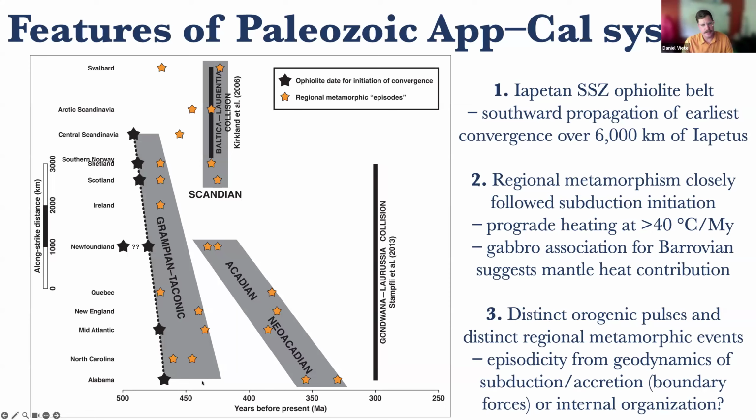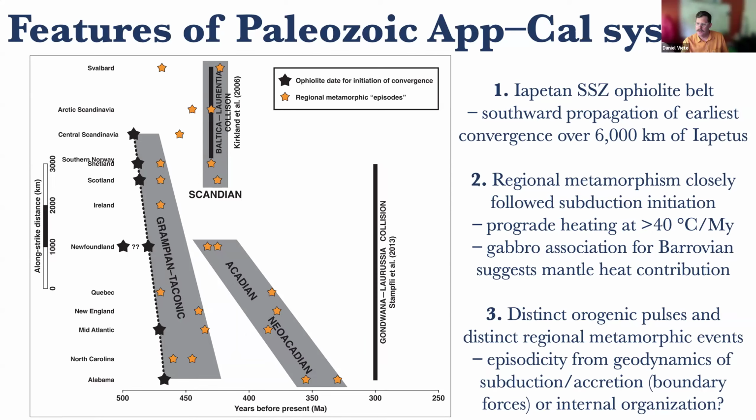As well as that, in the regional metamorphic timing, we see distinct regional metamorphic events associated with distinct orogenic pulses. And so this suggests some episodicity in the accretionary history.